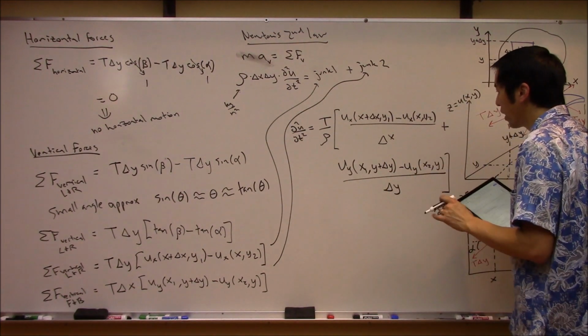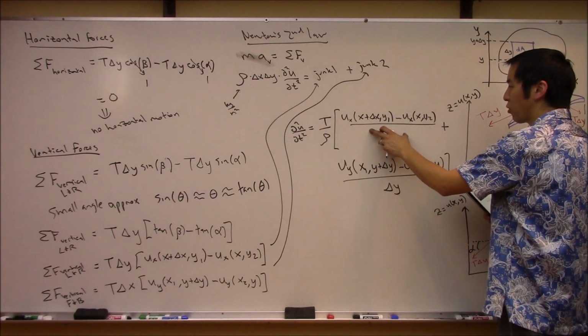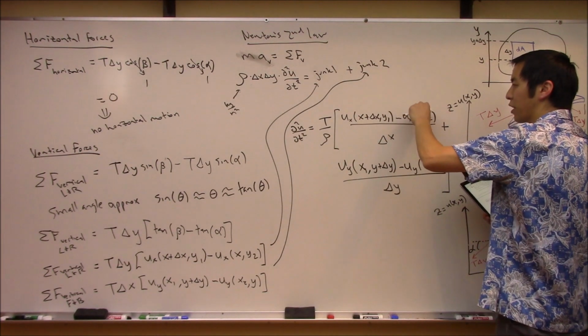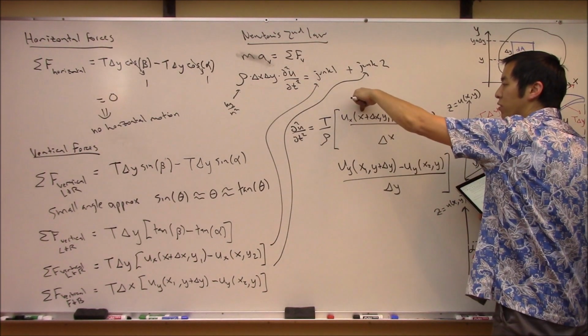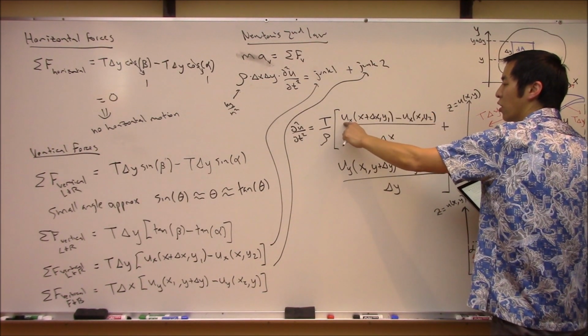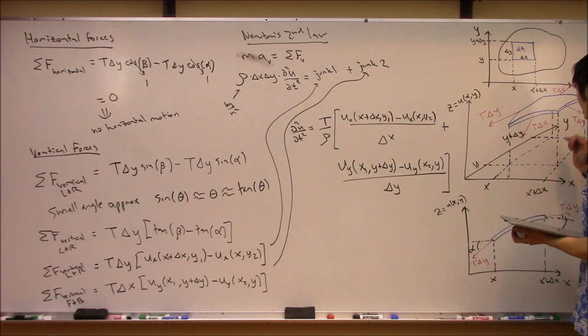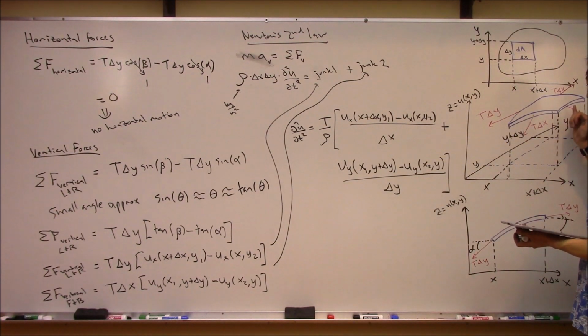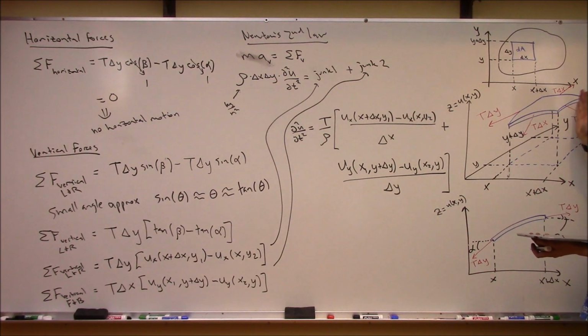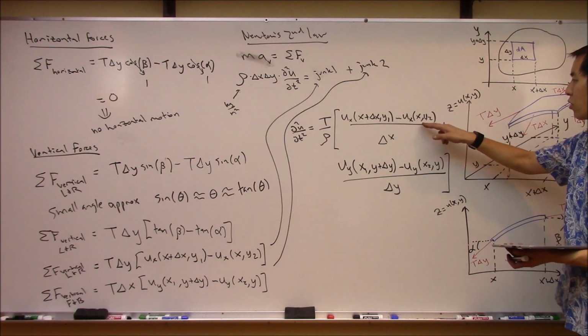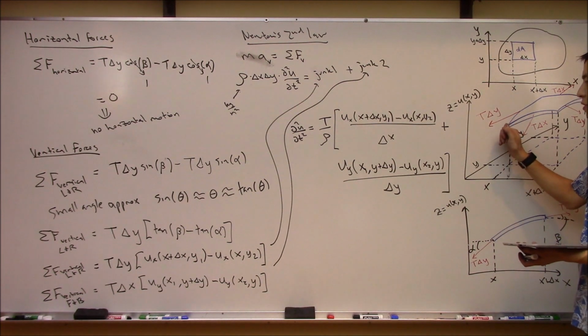Okay, I want to look at this term right now. In fact, let's look at the numerator here. What's this first term in the numerator? This is the slope at x plus delta x. So this is effectively the slope at the right side of the membrane minus the slope at the left side of the membrane.